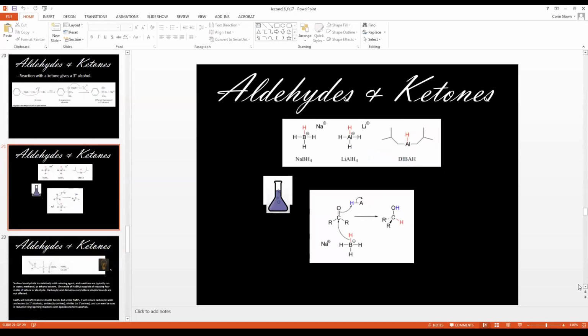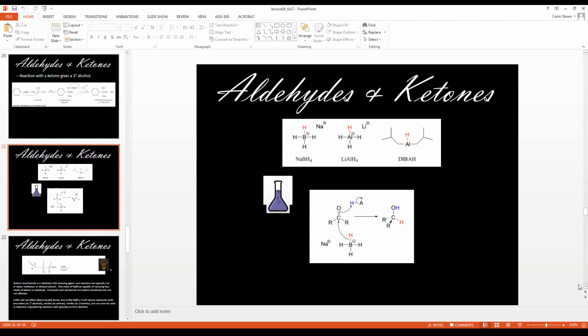Now, if I think about this in terms of other possible reactions, I also need to take into account reducing agents. So what's shown here are the reducing agents: sodium borohydride, lithium aluminum hydride, and DIBAH. These are all examples of reducing agents that can generate a hydride, which is unique.